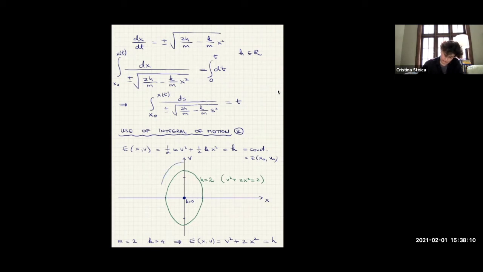And I can do one with light blue. Let's say this is h equals 3, okay? So this is the curve. So I can represent these orbits in the xv plane as the level sets of the energy function.